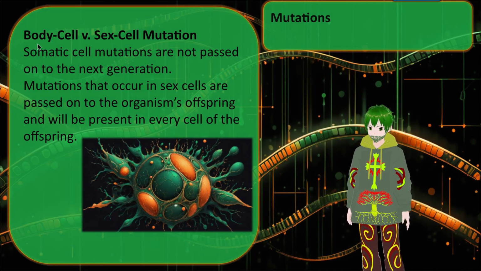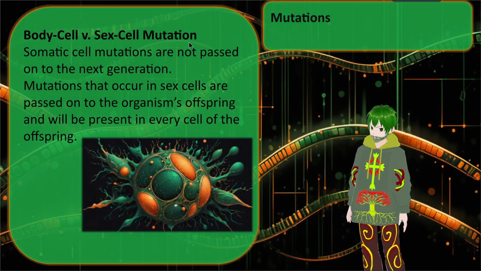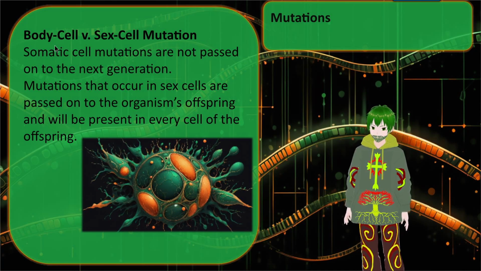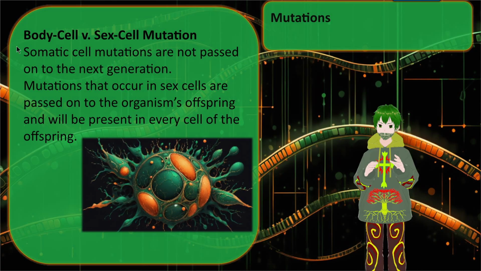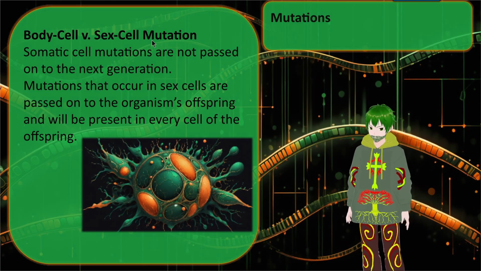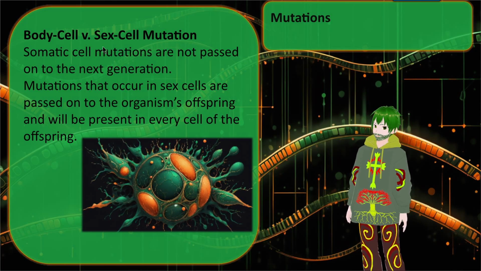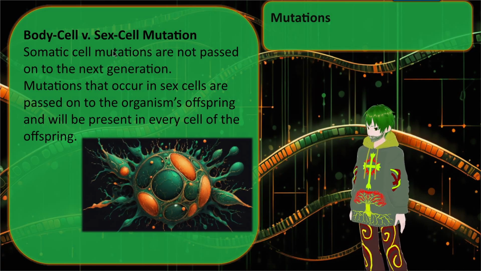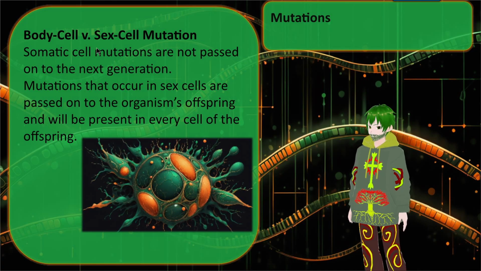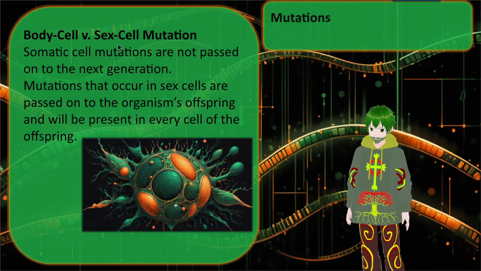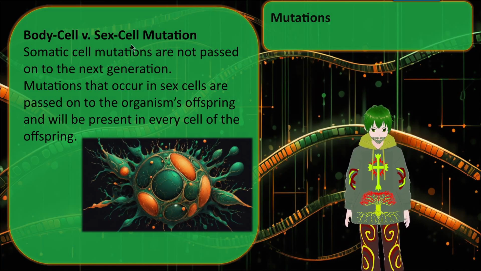And again, body cells, somatic cells versus sex cell mutations. Body cell mutations, they could be advantageous. They could be great and make you healthier, but they die with you. Sex cell mutations could be great and advantageous and passed on to your children, or they could be horrible and awful and passed on to your children. Okay, things like prostate cancer for males can be passed on to male children, and that's the result of a mutation in a sperm cell, okay, or conversely a woman's egg cell, right?